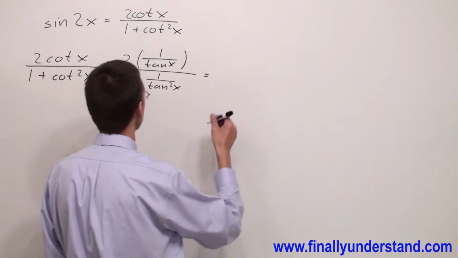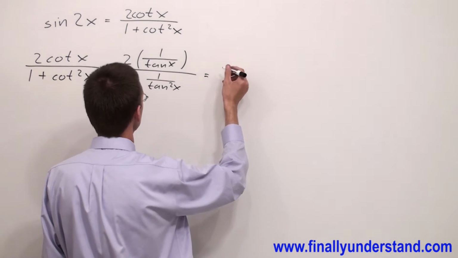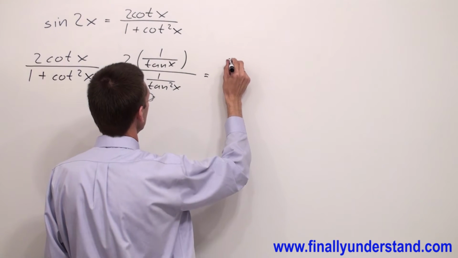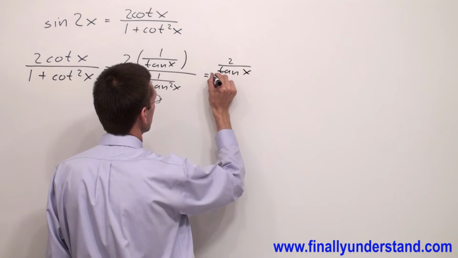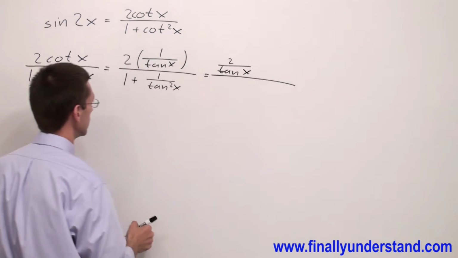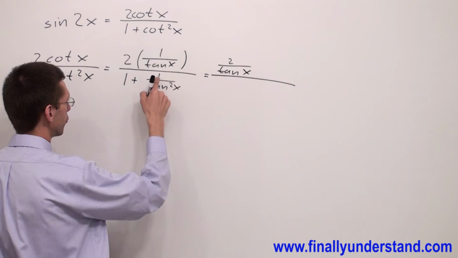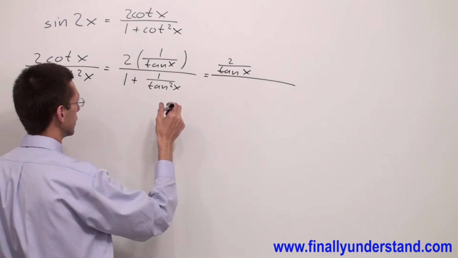What I'm going to have? I have in the numerator 2 tangent x over, in the denominator I have fraction plus 1.